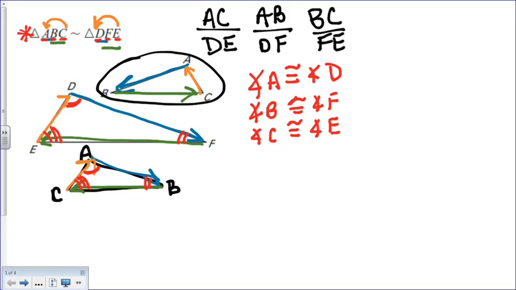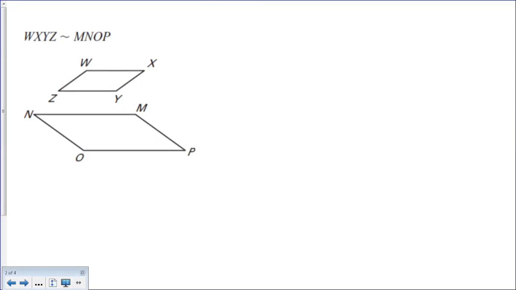Okay, so it says WXYZ is similar to MNOP. So I'm going to do WX and MN. WX is here on top, and MN is right here, so that's in red. I'll do XY and NO in orange.